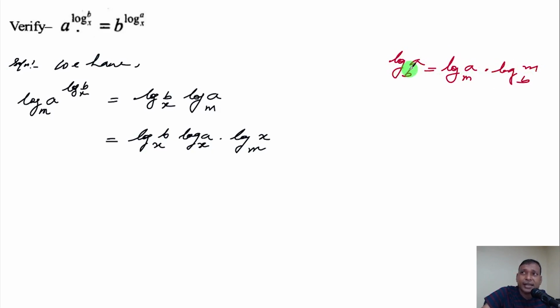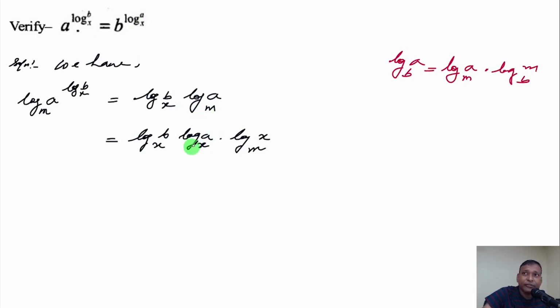We can extend log a to the base b in this way. If I write some base here, this base I'll put here. So now on simplification we will get the same thing. So you can see log a to the base m. I have extended this one. That means I changed the base m to x. Why? Because it is log a to the base x.